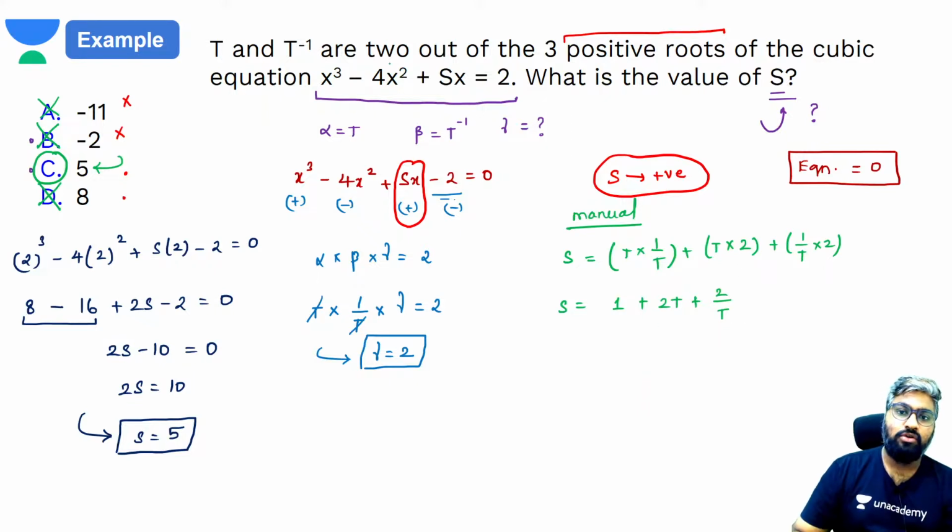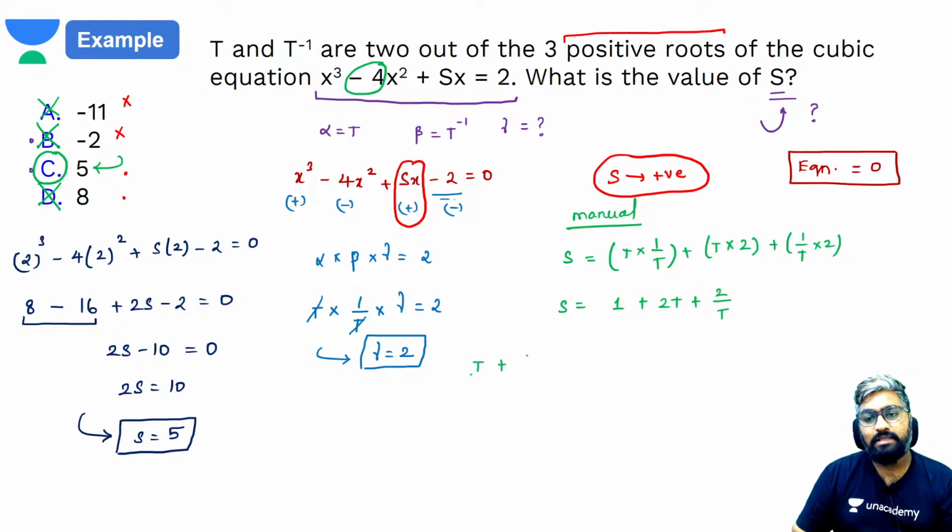Further, what can you do? You can use this -4. How? Look at this. Taken 1 at a time, T plus 1 by T plus 2 should be equal to minus of -4, that is +4. So you are getting T plus 1 by T should be equal to 4 minus 2, which is 2.